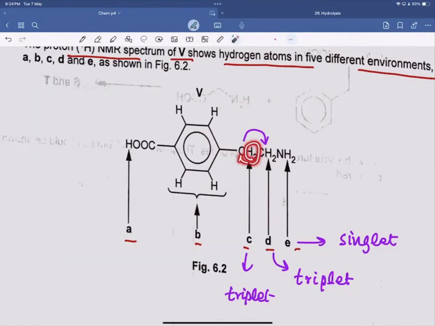These hydrogens are bonded to this carbon, and the neighboring carbon also has two hydrogens. So the value of n is going to be 2, and 2 plus 1 gives you 3. So that's why it's a triplet. Same goes with D as well. On the left, it's just a benzene and it has no hydrogen, so we are going to look at the right side. But if there are carbons on both sides, we'll look at both the carbons.